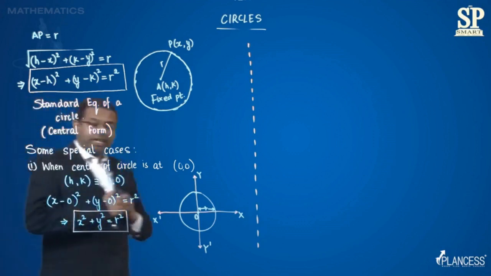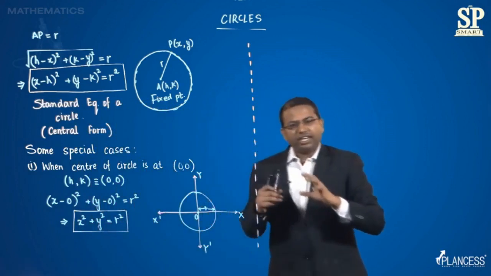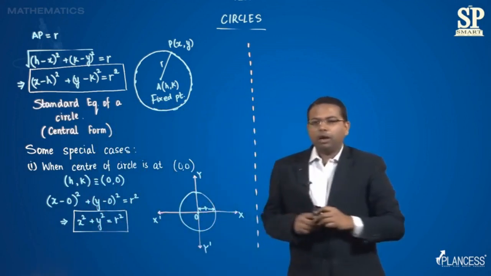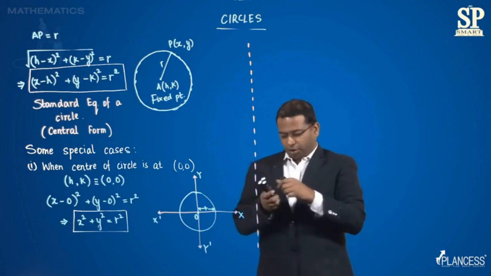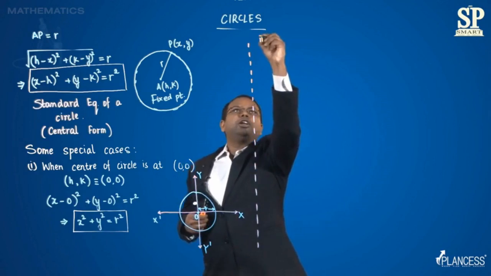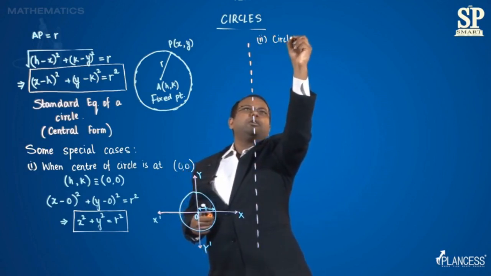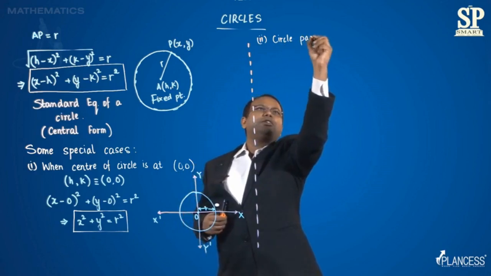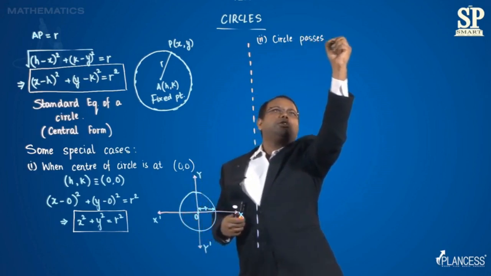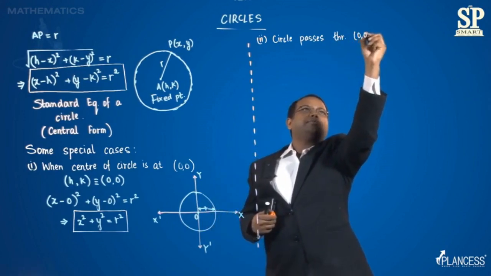Let us take another case. Now what happens if the center is not at the origin, but the circle passes through the origin? Let us say the circle passes through origin.